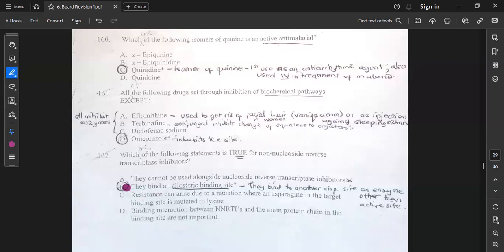The other thing is prevention of mother-to-child transmission.